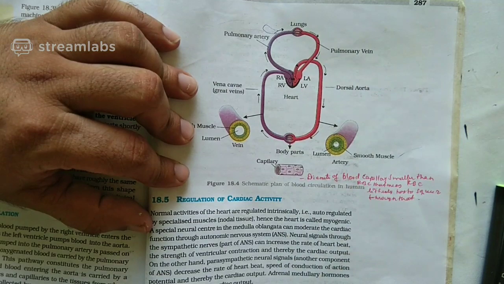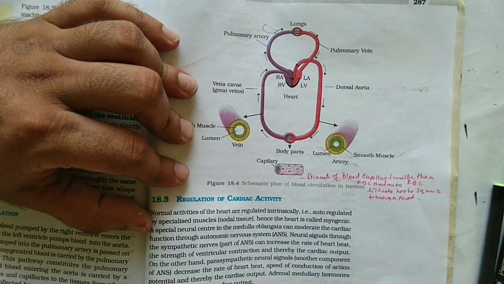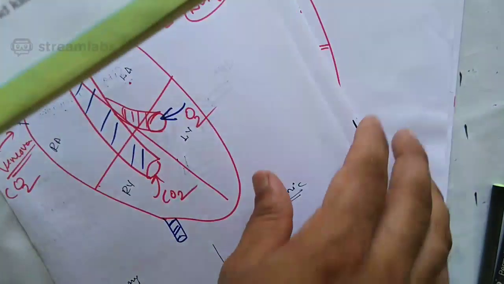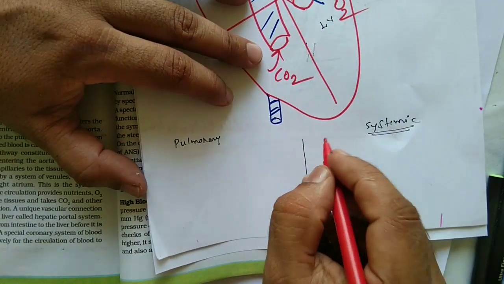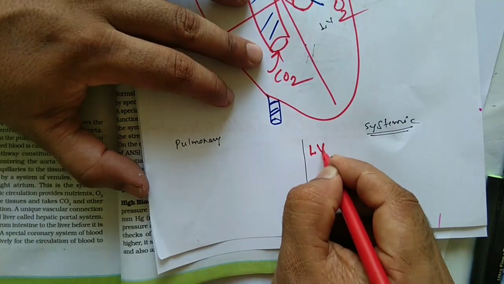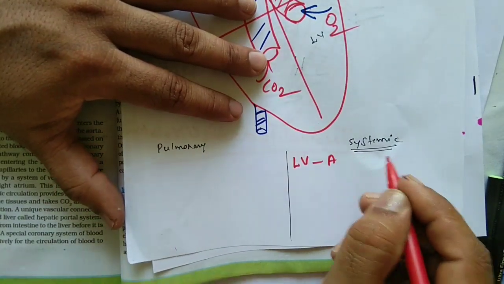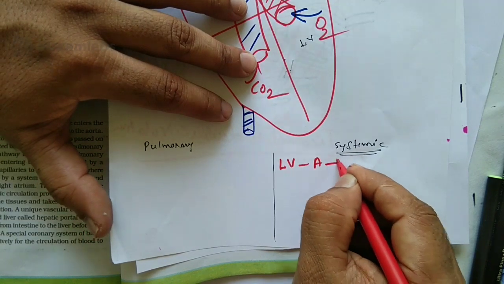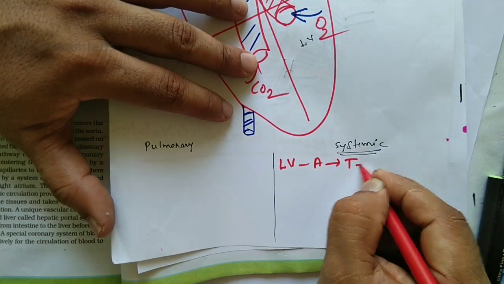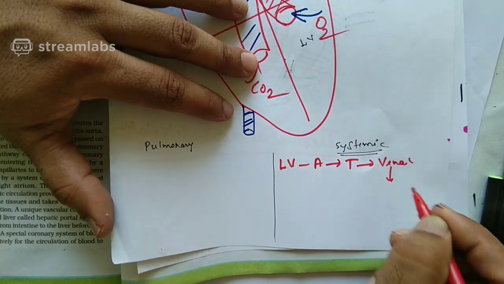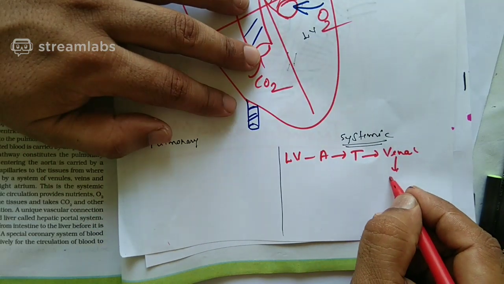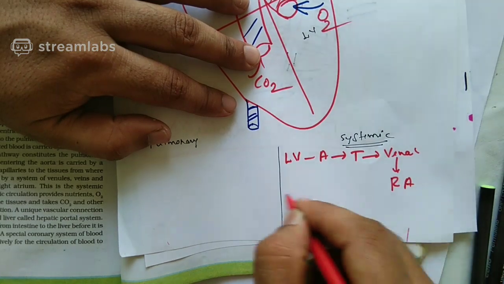That means the circulation from where to where? See here now, if I take the circulation, it is from the left ventricle to aorta, aorta to tissues, tissues to vena cava to the right atria.